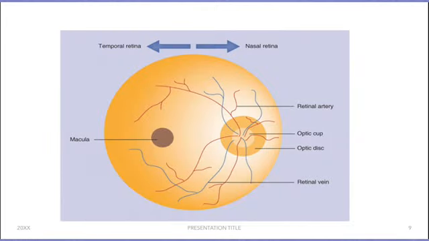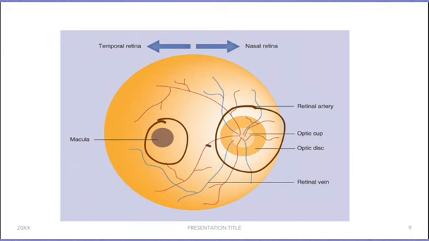This is an image showing normal fundus. This is optic disc. This is macula. Macula is inferior and temporal to optic disc. These are the vessels coming and going into optic disc.